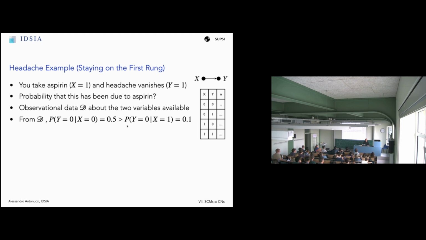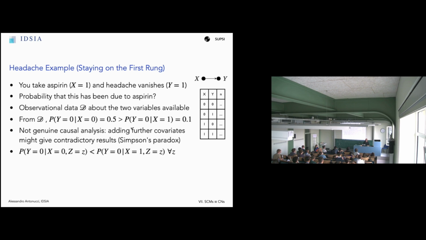We did some conditional probability, but as I told you, this can be very misleading if you assume that this kind of relation has a causal meaning. You might like to say, okay, this is clearly telling me that the treatment has no positive effect on the patients, but it's not that obvious, and there are lots of situations for which you can prove that the observational analysis can lead you to a wrong causal conclusion.